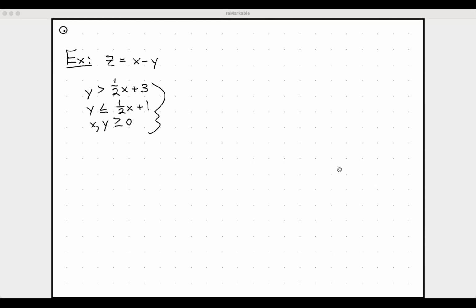So our objective function is x minus y, and we're going to try to maximize or minimize this one if we can. And let's see, here's my graph. So 1/2 x plus 3 should look something like this. This is a strict inequality, right? It's not a greater than or equal to, it's just greater than. So I'm going to make this a dashed line.